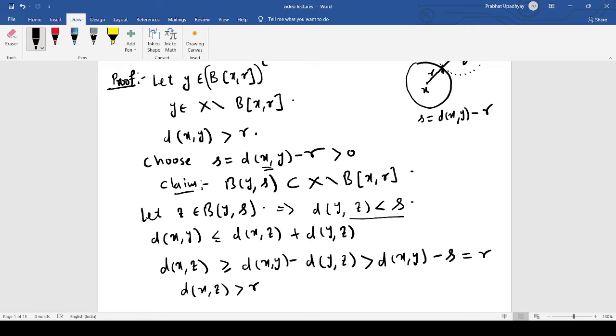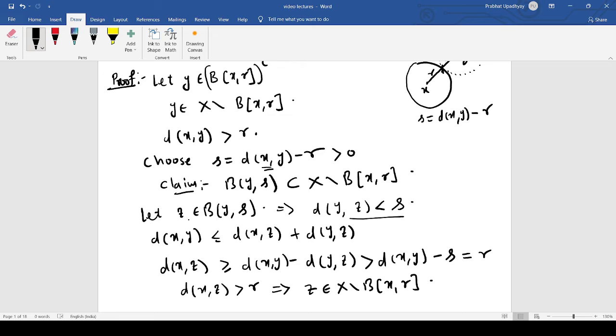And if it is strictly greater than r, it will imply my z cannot belong to the closed ball B(x, r). That means it should belong to the complement of my closed ball B(x, r).